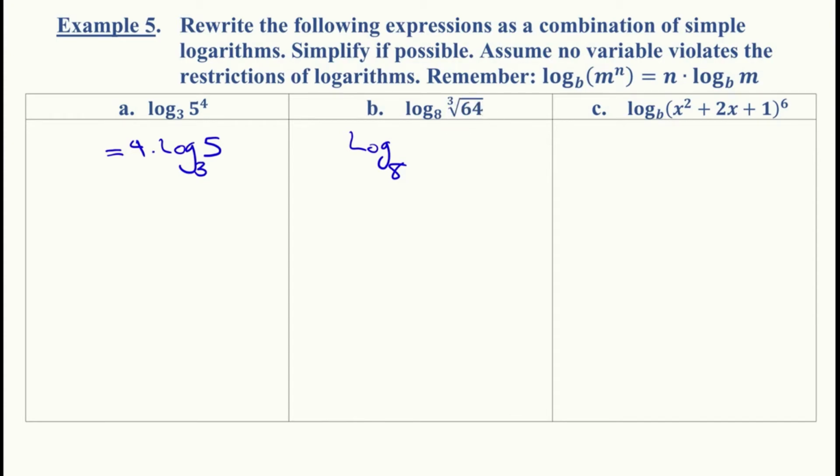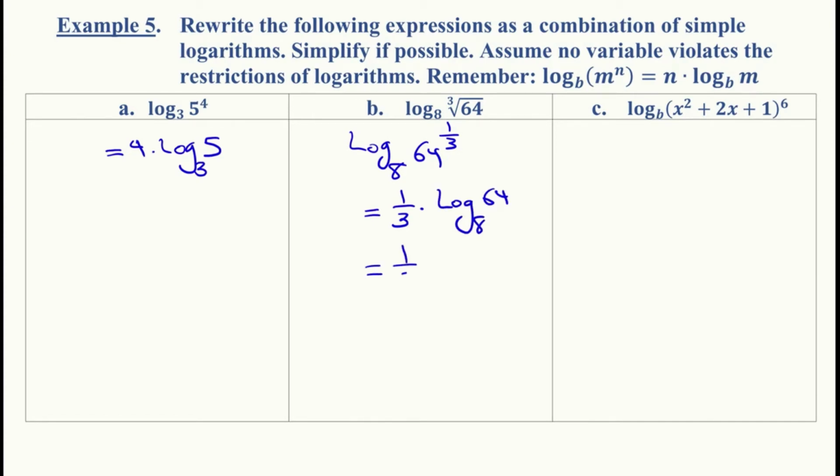So we can go ahead and write that as 64 to the power of 1/3, and this in turn we can simplify using the power rule, because now we know that we can bring the 1/3 over here and turn it into a factor. So we get 1/3 times log base 8 of 64.